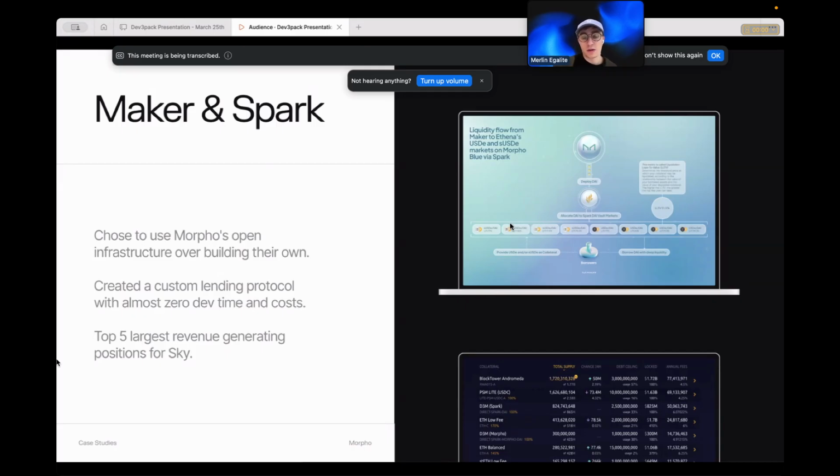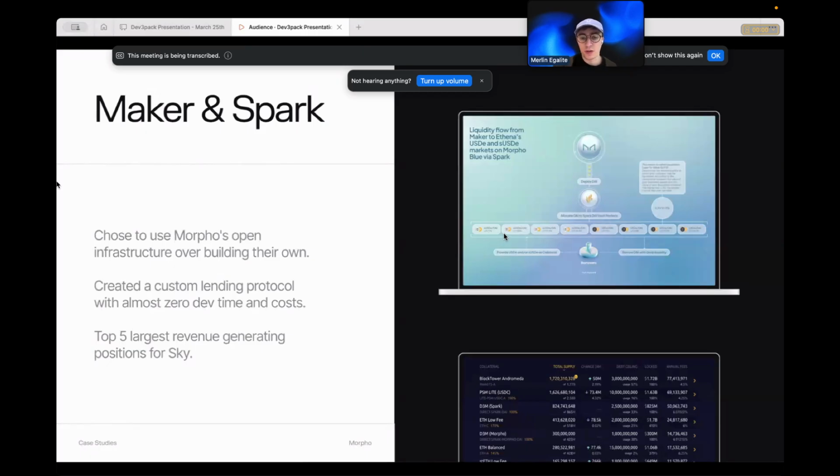So basically, they're deploying capital into many markets. So I don't know, we cannot zoom, but there are many markets that are collateralized by USDe, which is the Ethena asset. So Ethena is a very big, maybe they are in the top 4 protocols on Ethereum right now.